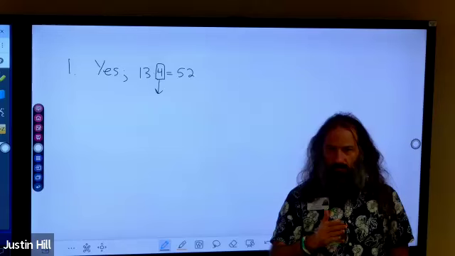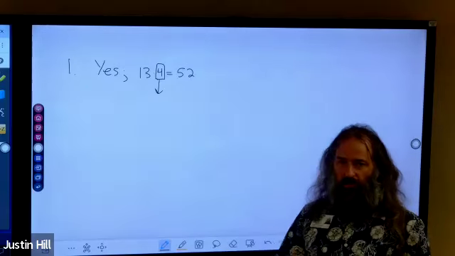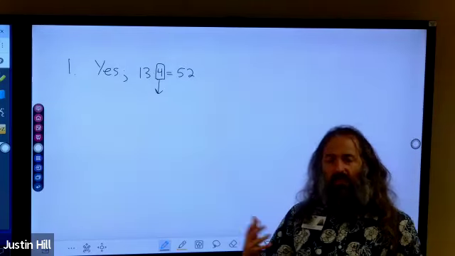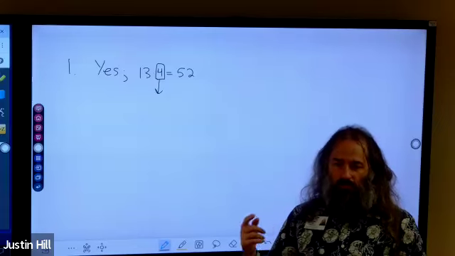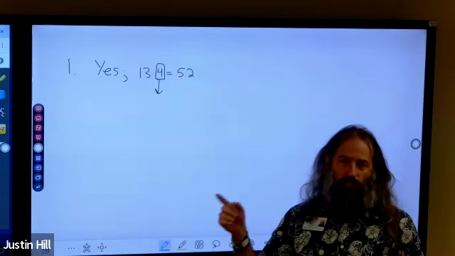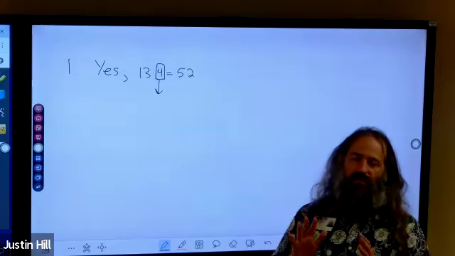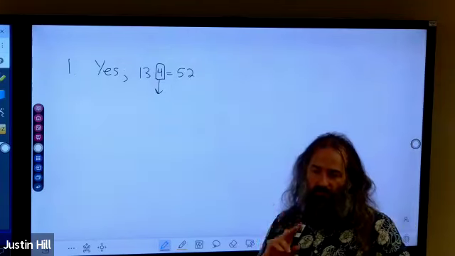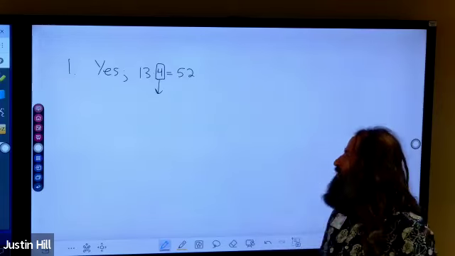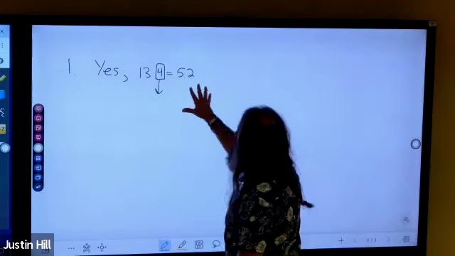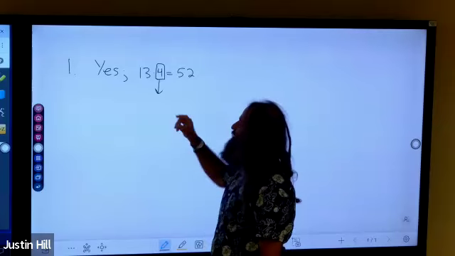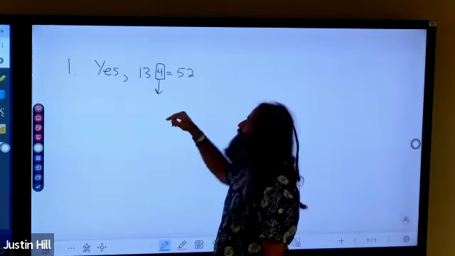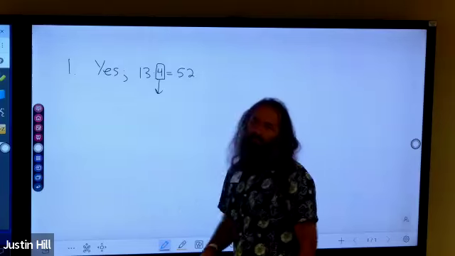To say that one number is divisible by another means that when you multiply that other number by an integer, it gives you the first number. So to say that 52 is divisible by 13, I have to have an integer so that 13 times that integer equals 52.